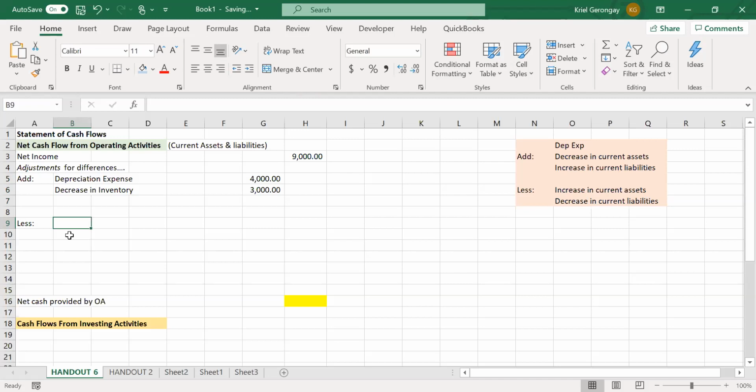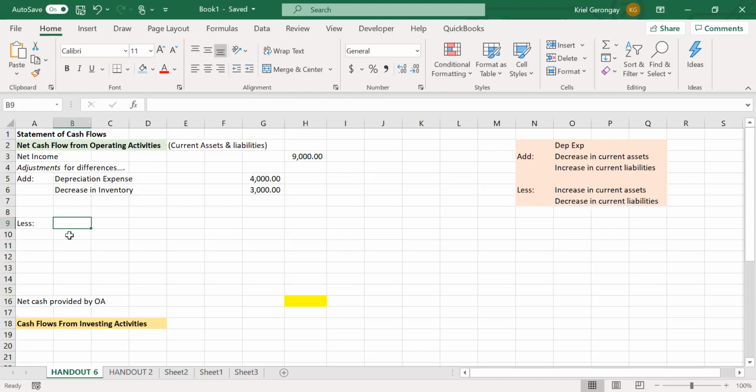So we're not really going to add it because instead of keeping more money, we actually spent more money. What happened here for the accounts payable is that we actually paid money to pay for those accounts payable.